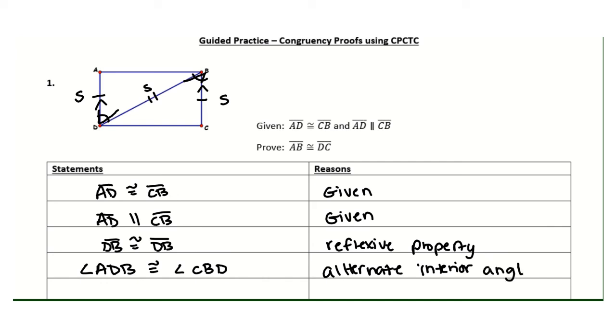I know that they are for a fact alternate interior angles because I have parallel lines and I have a transversal that cuts through them. If I did not have parallel lines, then I could not say alternate interior angles. But because I do, I can in fact say that.